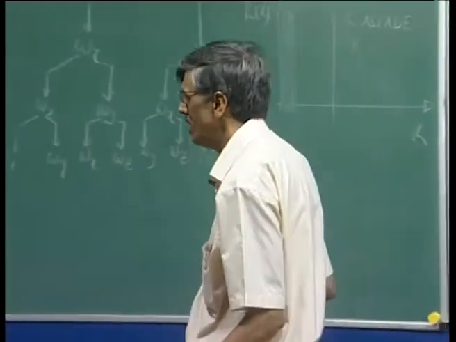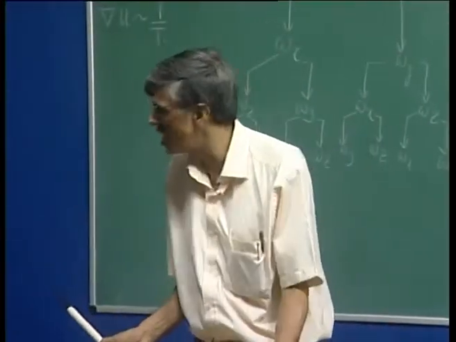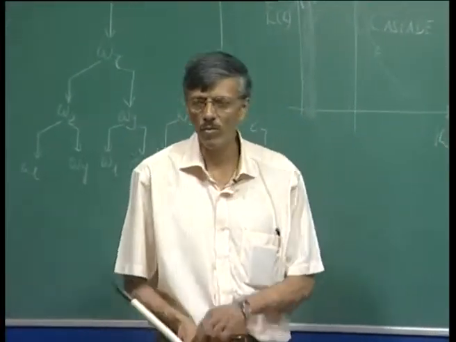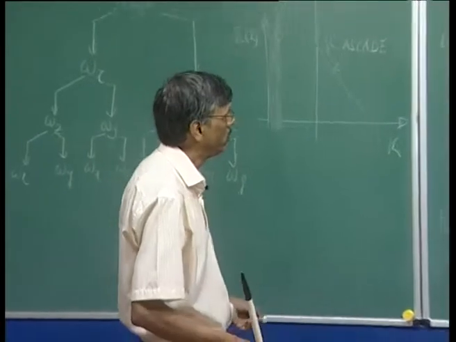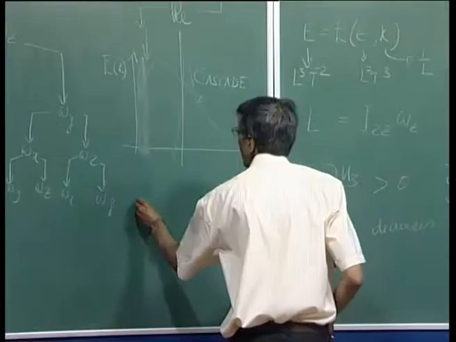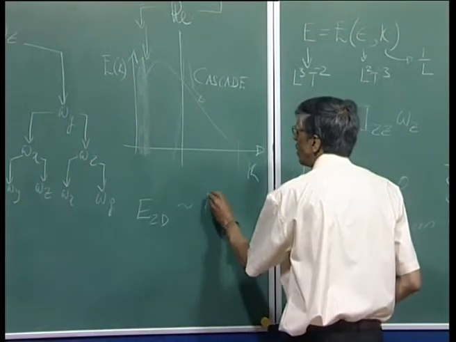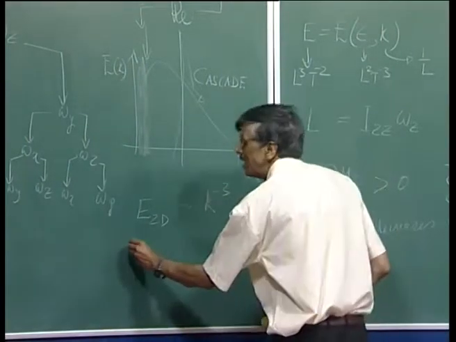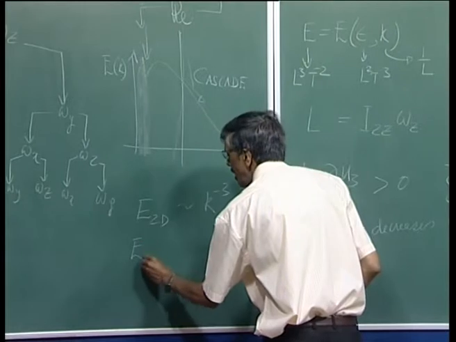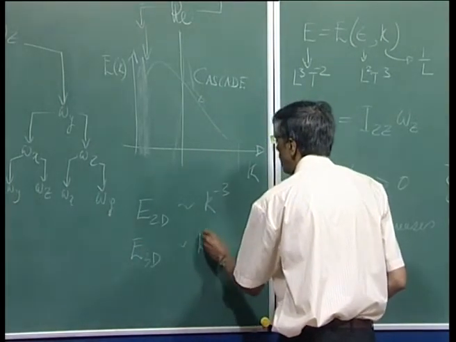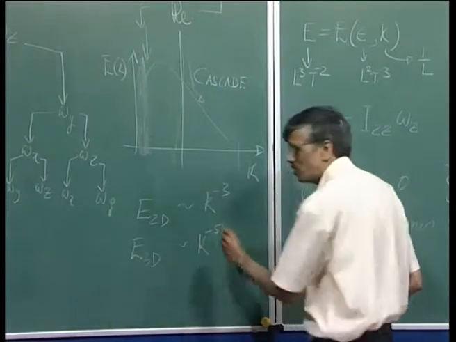Time permitting, we will see that for 2-dimensional flow, E of 2D goes as k to the power minus 3, and here what we are seeing is E of 3D goes as k to the power minus 5/3.